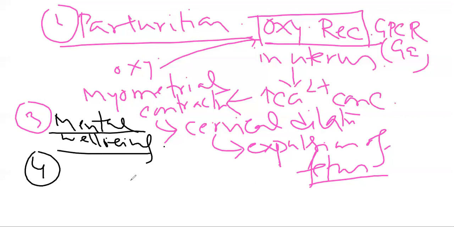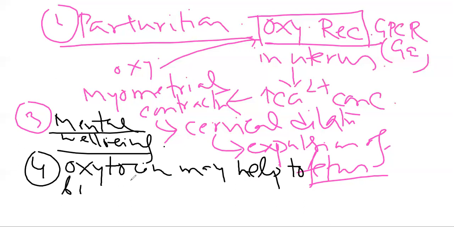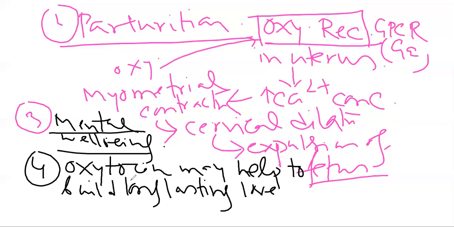Number 4, important, and recent research shows that oxytocin may help to build long-lasting love and maintain loyalty to the partner. That's why it is also known as the loving hormone. So researchers actually named this hormone the loving hormone due to its nature of action.